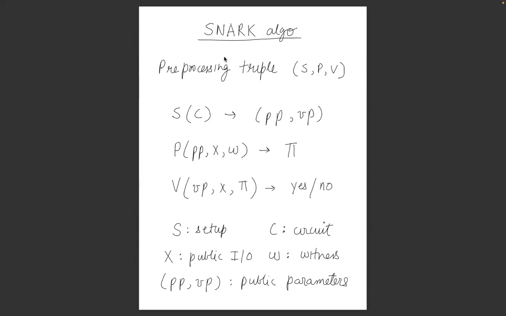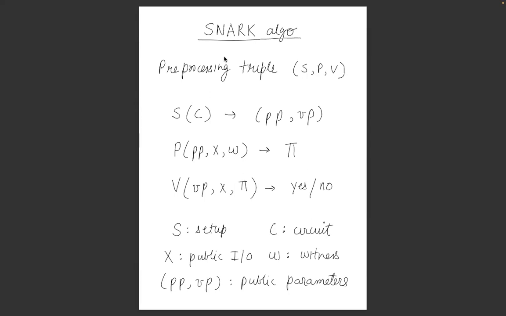After that, the prover will take the prover parameters, X, which is the statement which he wants to prove, and the witness, which is some private input which he wants to prove the computation of. The prover will output a proof pi, and then we have the verifier algorithm, which takes the verifier parameters, again takes in the statement X, and checks whether the proof is valid or not.